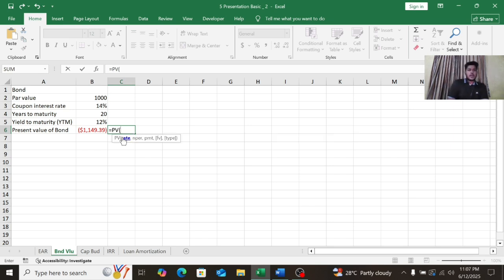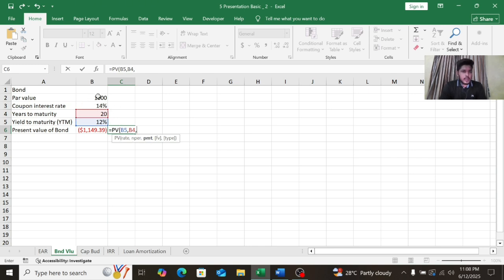Here the rate is what we get at the maturity. So the rate is 12%. Then our period is 20 years. Then our payment is according to the interest rate. As we can see, it's a premium bond.